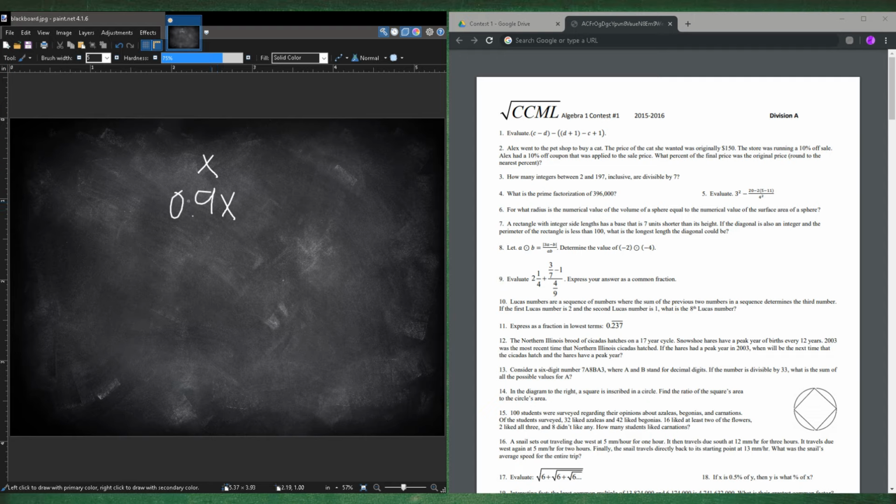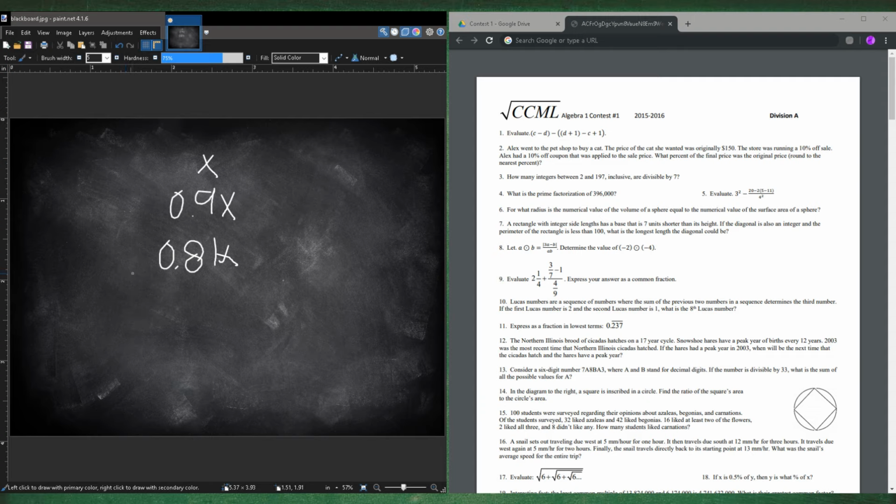Now 0.9x times the coupon, which is also 10% off, so 0.9 times 0.9, which is 0.81x. So this is the original price, this is the sales price, and this is the sales price with the coupon.